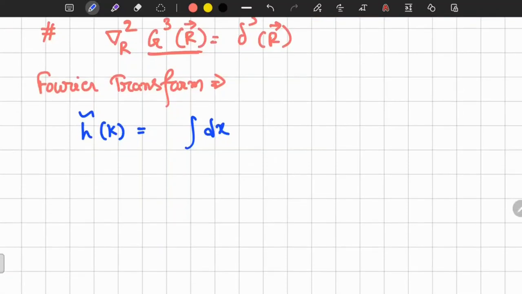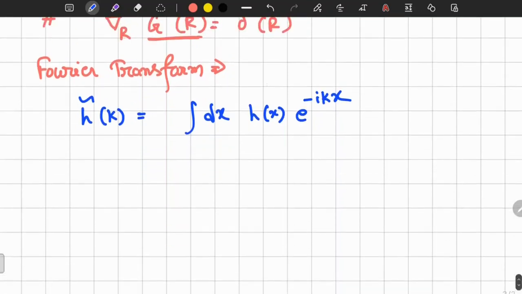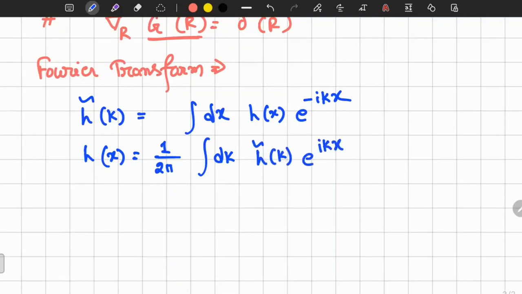We can write it like e to the power minus ikx in one dimension, with 1 by 2 pi dk, e to the power plus ikx. We are also familiar with this form as well, with 1 over 2 pi in both. These are equivalent forms. Here I will be dealing with this form. So this is our Fourier transform.